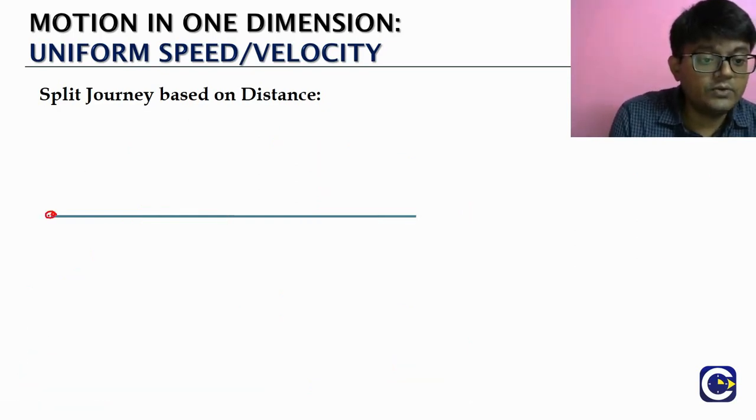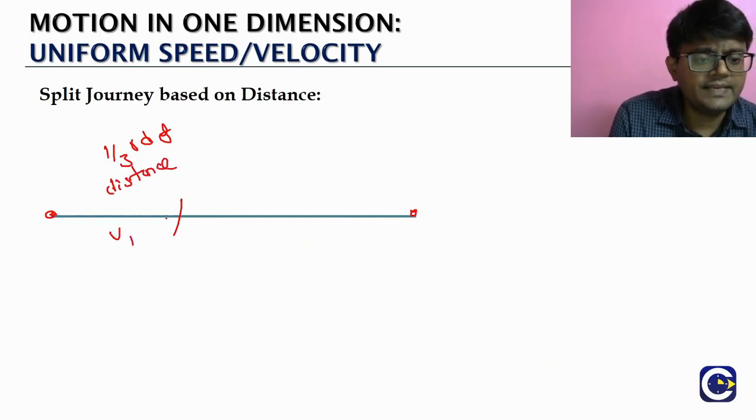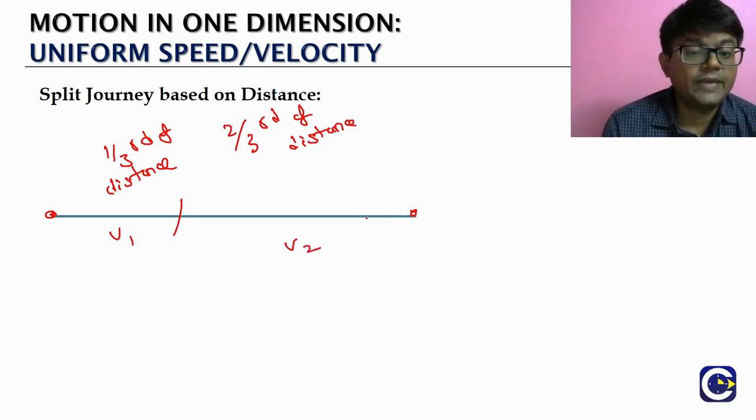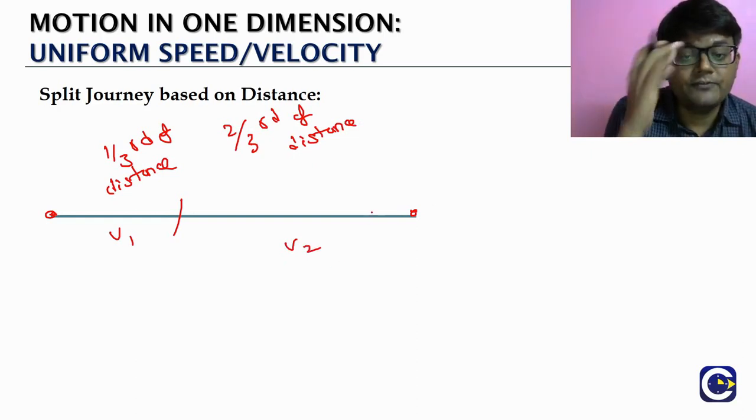The other case that we do is the same. We'll divide this into 1/3 of the distance, let us say it has a speed V1, and the remaining 2/3 of the distance, let us say the speed is V2. Now we have to find the average speed for the entire journey.